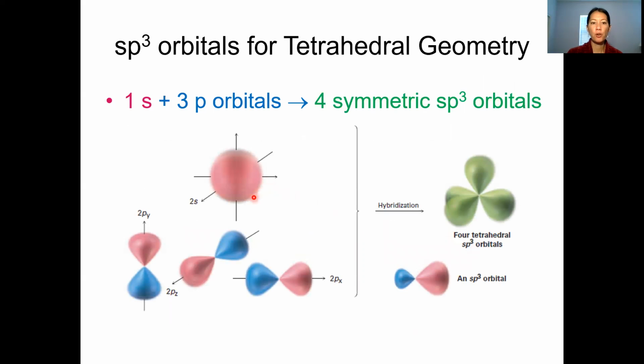So I can visually show this, an s and 3 p's will mix and hybridize to give us these 4 perfectly symmetric sp3 orbitals. So instead of looking like these and overlapping these individually with the H's, what it looks like is this: a smaller lobe on one side. Here's a node. This is where the center of the carbon would be, and then a larger lobe.